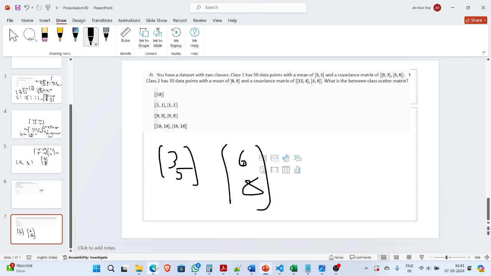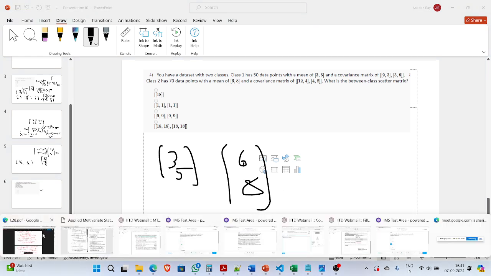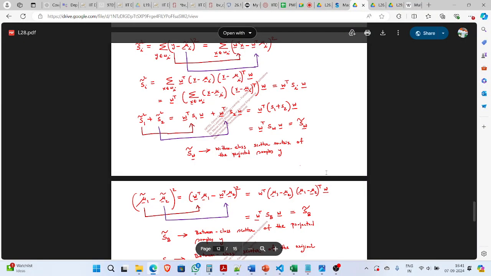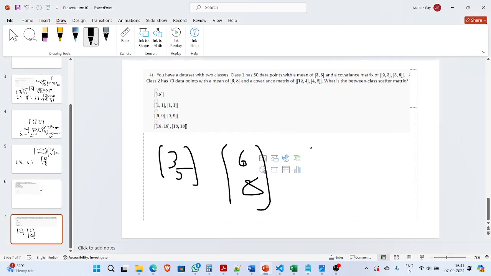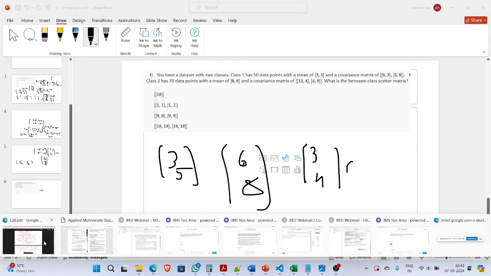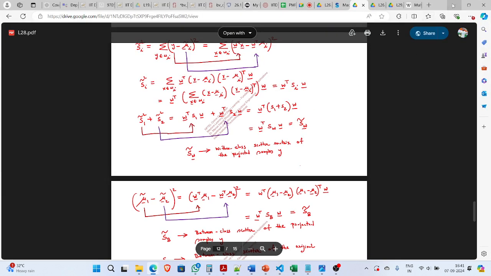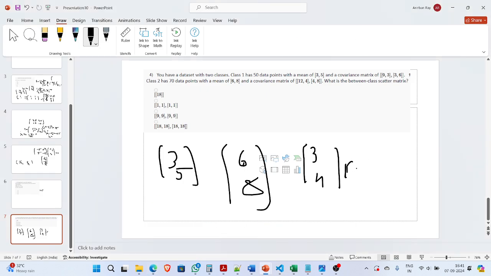First we need to take the difference, right? 6 minus 3 is 3, 8 minus 5 is 4. So this is 3 and 4 itself. Then we multiply: 3 times 3 is 9, 3 times 4 is 12.